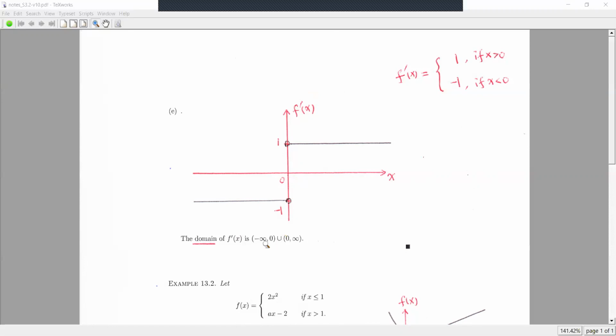So the domain is from -infinity to 0. Because -infinity is not a number, I put a parenthesis here to exclude -infinity. At 0, I also place a parenthesis to exclude the point 0.